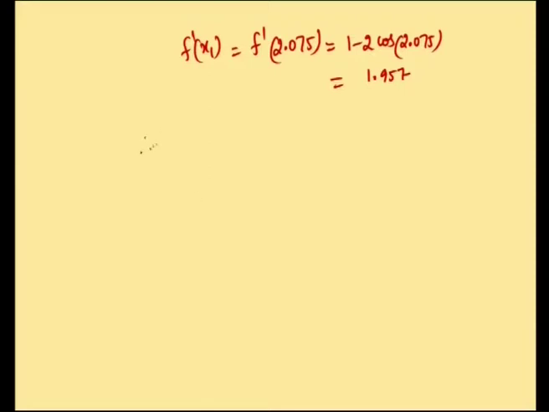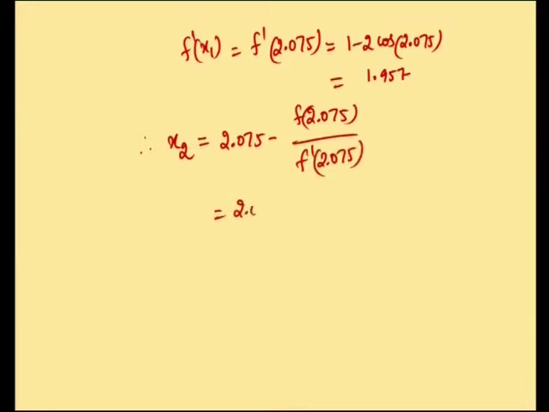So when you substitute everything, 2.075 minus f of 2.075 divided by f dash of 2.075, which is 2.075 minus 0.314 divided by 1.957, and this answer comes to be equal to 1.914.